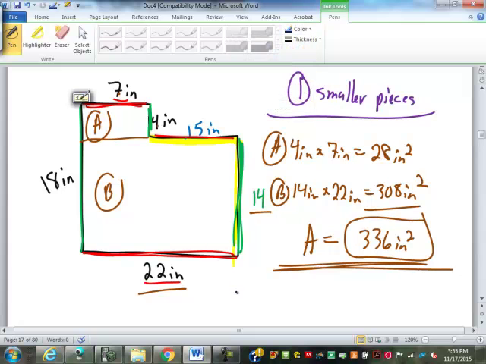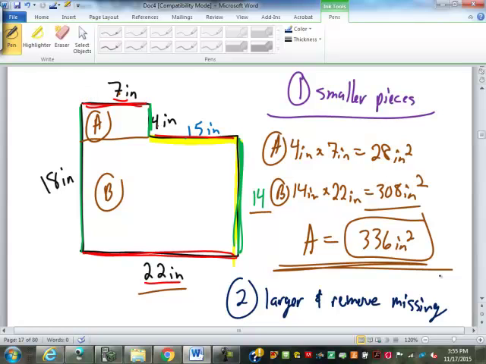Option 2. Severely abbreviated here, but it's to take a larger shape and then remove the missing pieces. So here that would look like this.